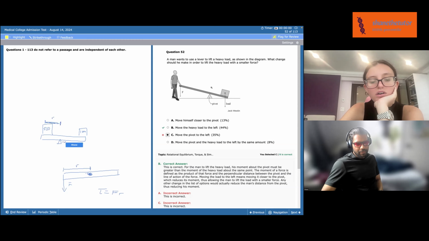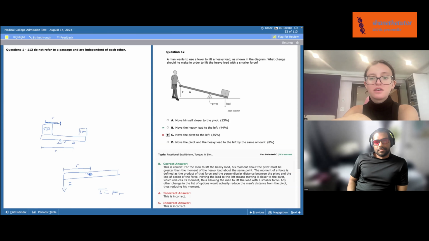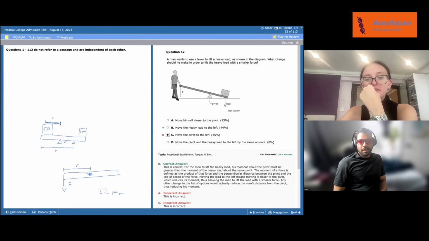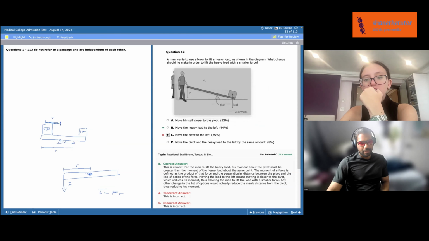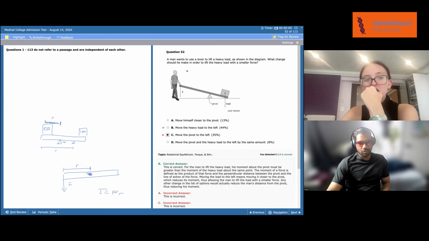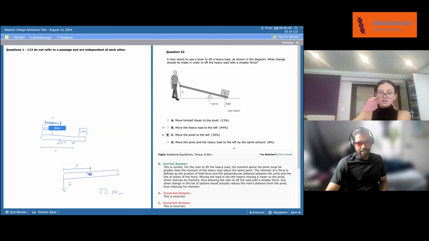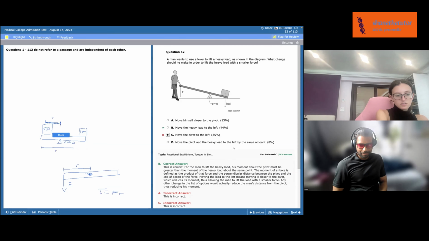If you move this pivot to the right, as you were saying, that would increase that torque distance. And the same with moving the pivot to the left, that also increases the torque. So when we're saying torque, we want to specify what torque we're talking about. The load. So here in this example, if you move this pivot to the right, the torque will be higher for the 500 weight.